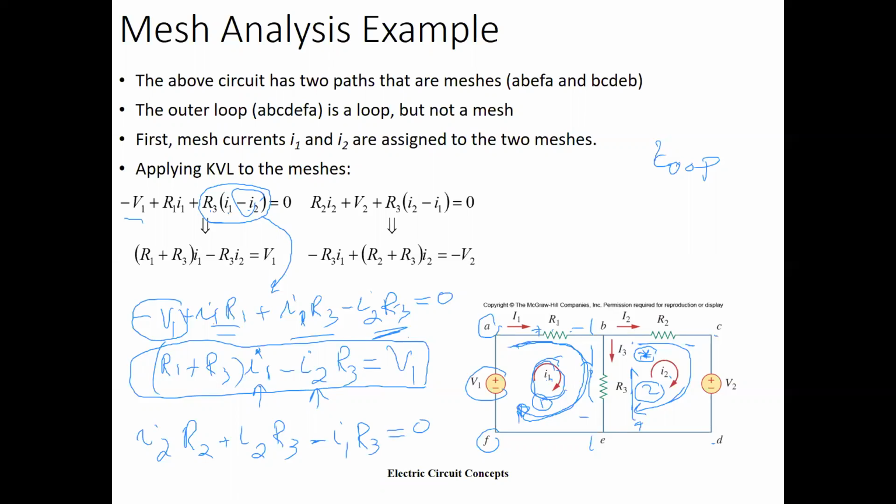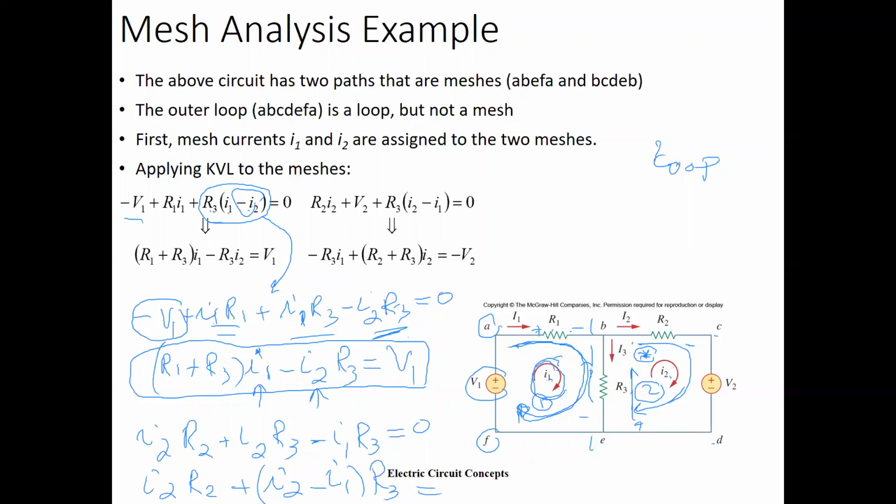Or you could use this way. We could go I2 times R2 plus I2 minus I1 multiplied by R3 equals, sorry, it's equal to plus, I made a mistake here.